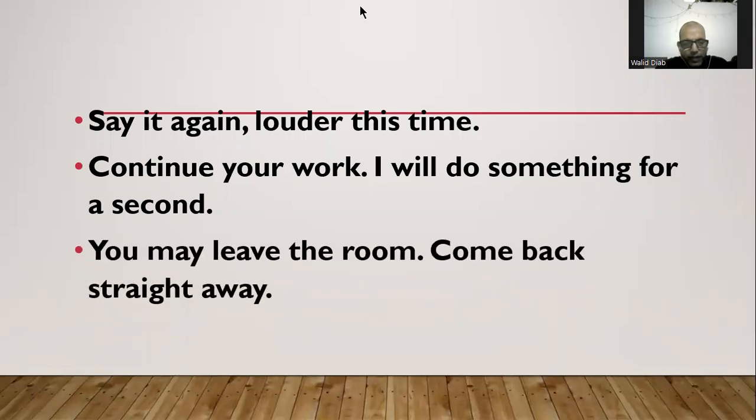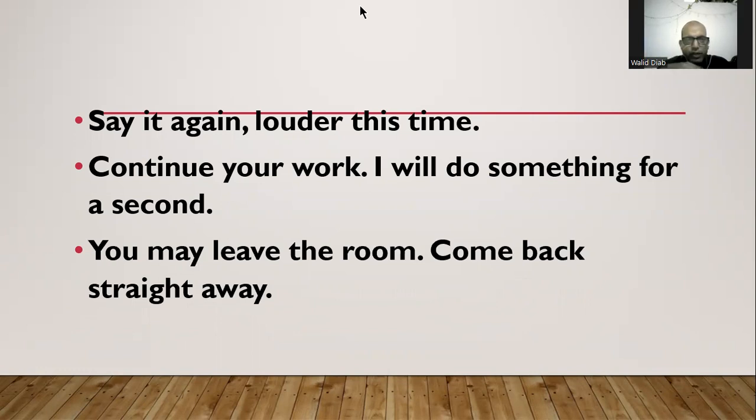At the end of the day, you can say, you may leave the room. Oh, no, sorry. Here, if someone asks for permission to go out, to the restroom or something, you say, you may leave the room, come back straight away.